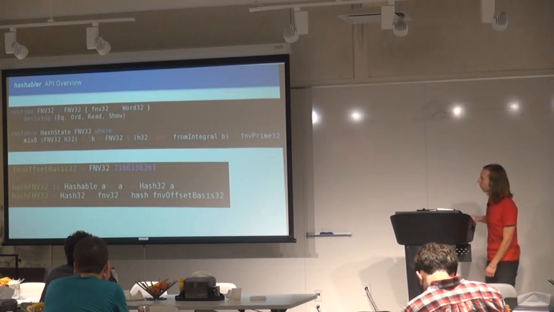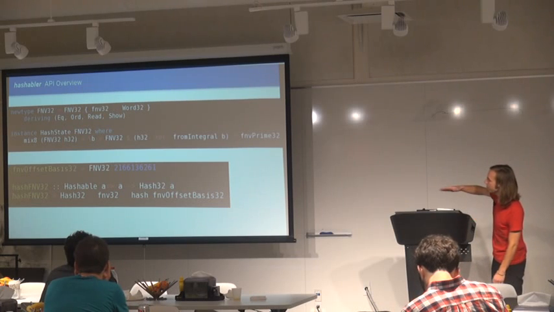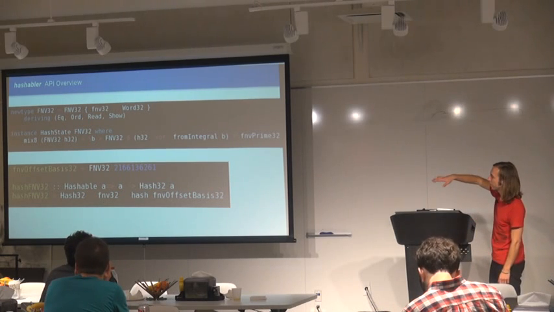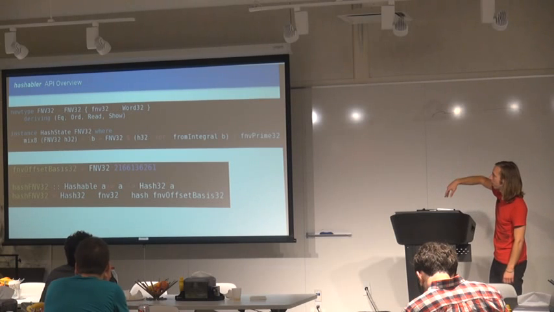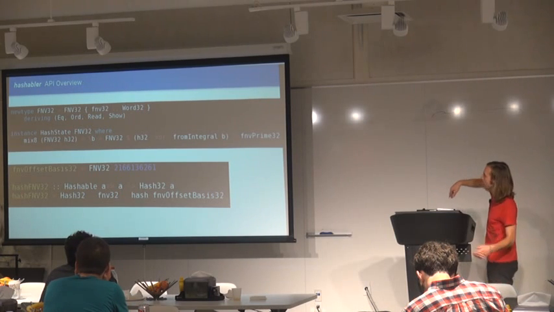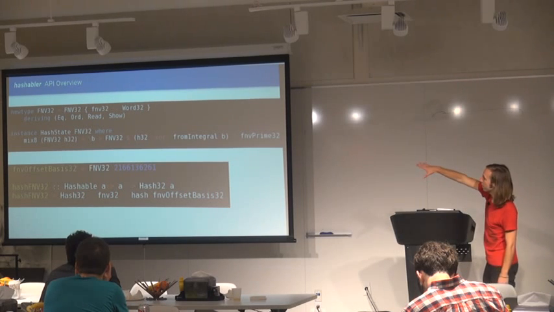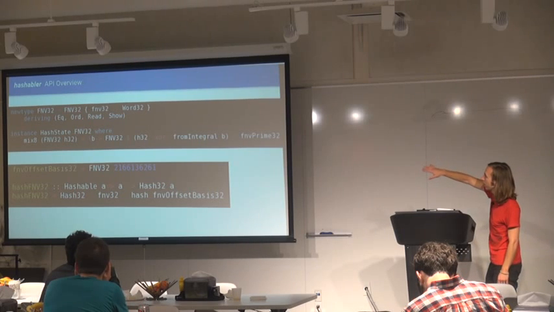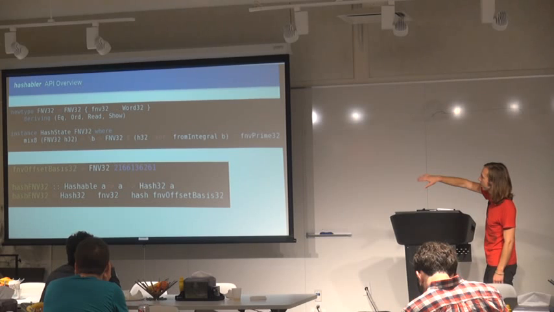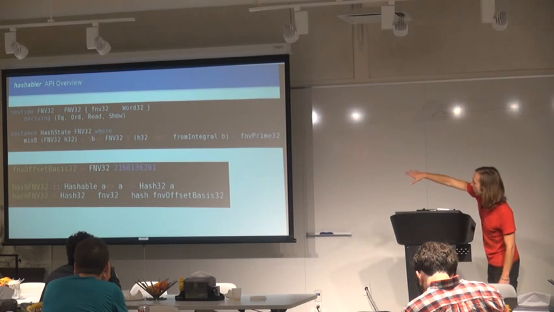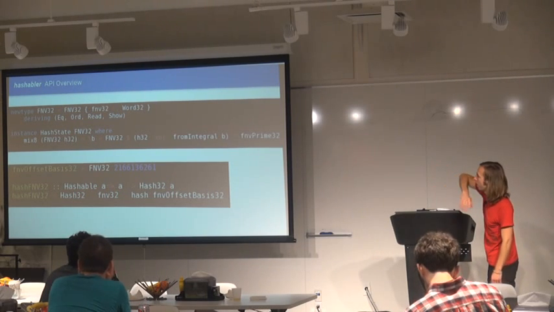So this is a whole implementation of a hash function. This is the FNV1A algorithm, which is a very simple hash function that works okay. You can see in hash state, our state is very simple. It's just a 32-bit word. Our mix8 implementation just does this XOR and multiplies by a magic number.